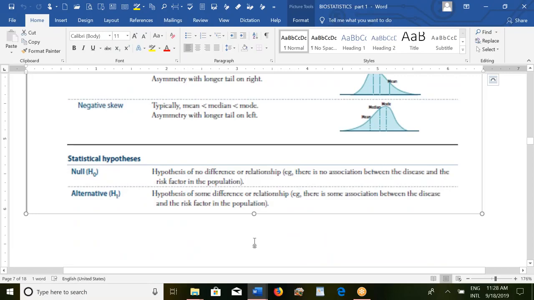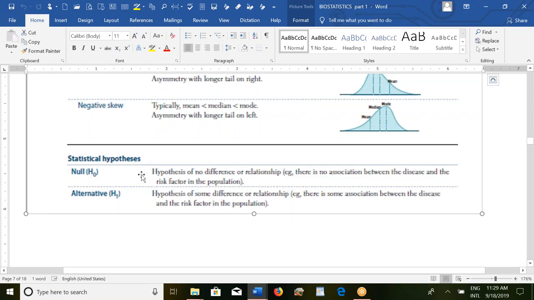So the scientific process starts with some suppositions, some assumptions. After that we collect the facts, then we analyze them, and then we reach some conclusion or inference. That is the scientific way of doing things.